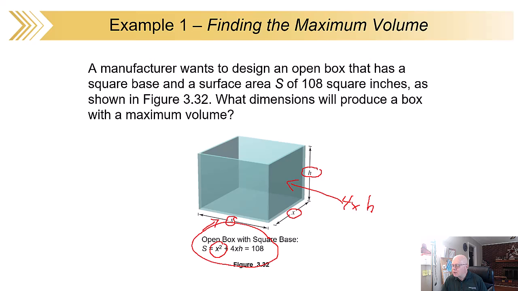Imagine, for example, you're painting it or you're creating the box. That's how much area you'd have to cover or create. And here's this 108. If you paused, which is a good idea, the surface area or the amount of material you're going to use for this box is 108 square inches.